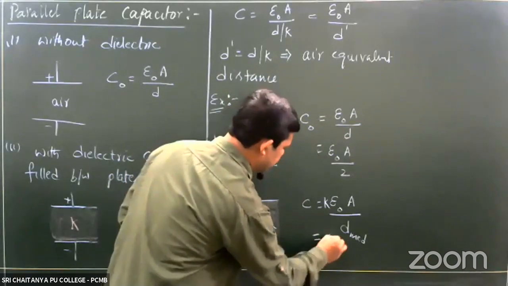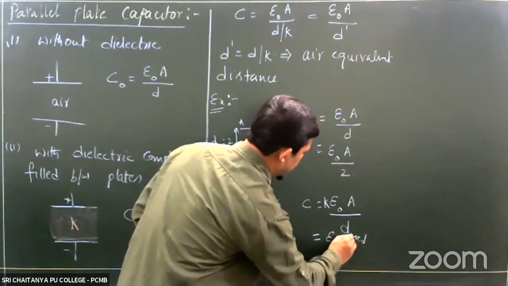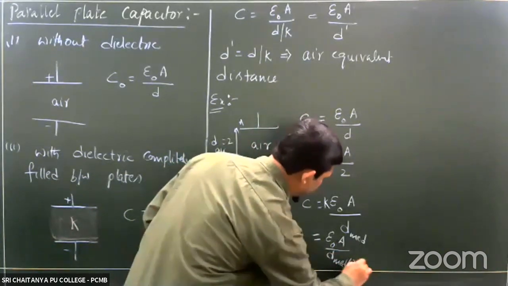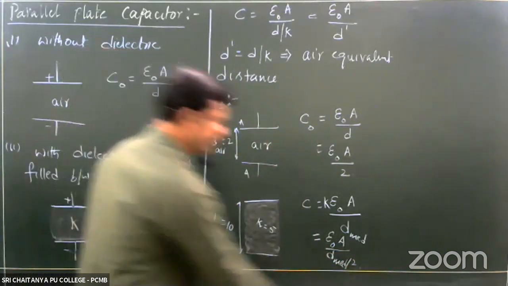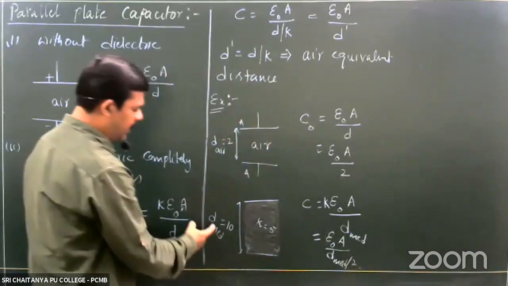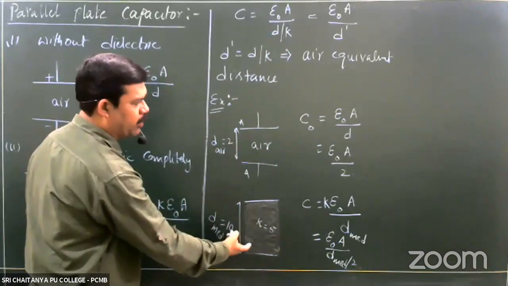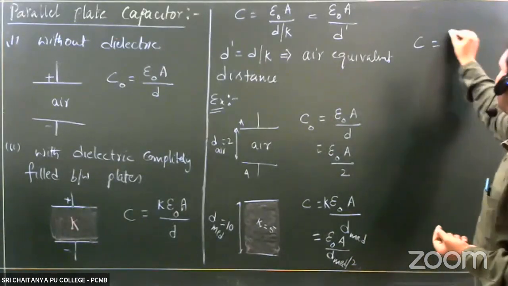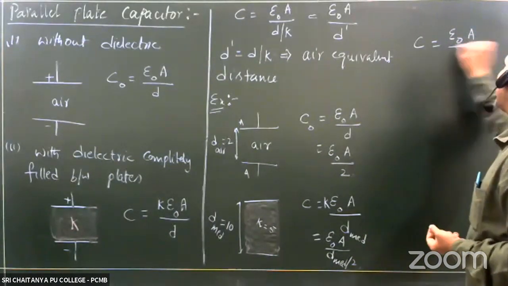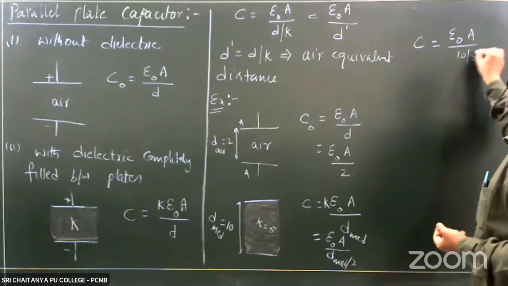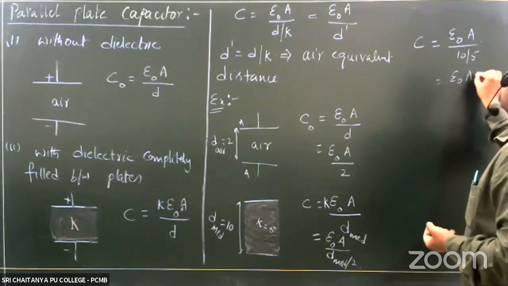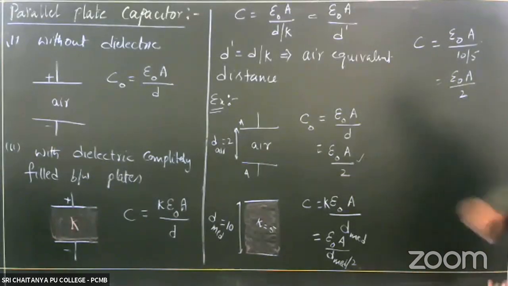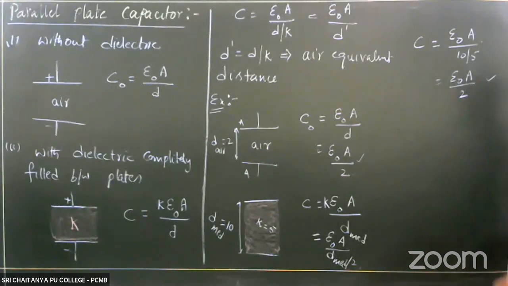Can I write it like this, epsilon naught A by D in medium by K? D in medium is 10, K is equal to 5. What does it give you? C is equal to epsilon naught A by 10 by 5, epsilon naught A by 2. See? Epsilon naught A by 2.